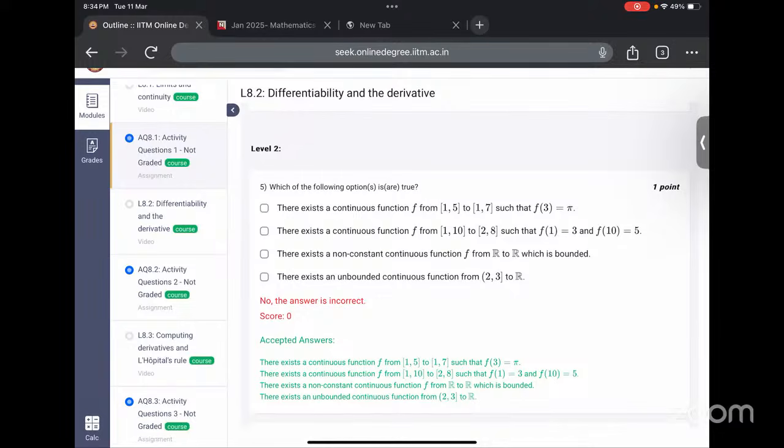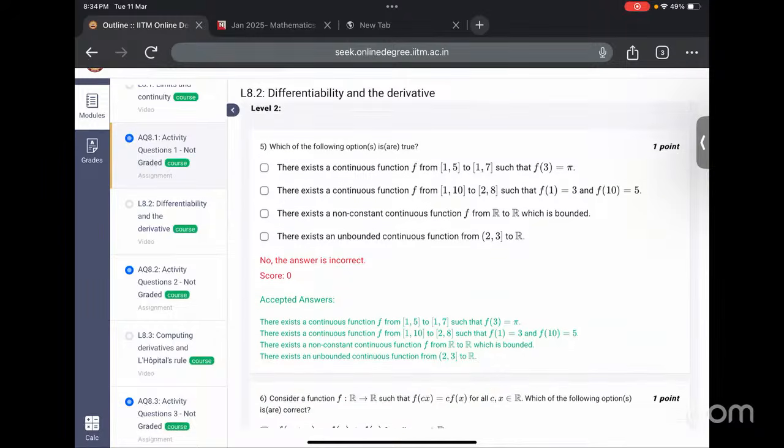If both left and right were closed, in that case, we have a result: if a continuous function has a closed and bounded domain, then the range will also be closed and bounded.